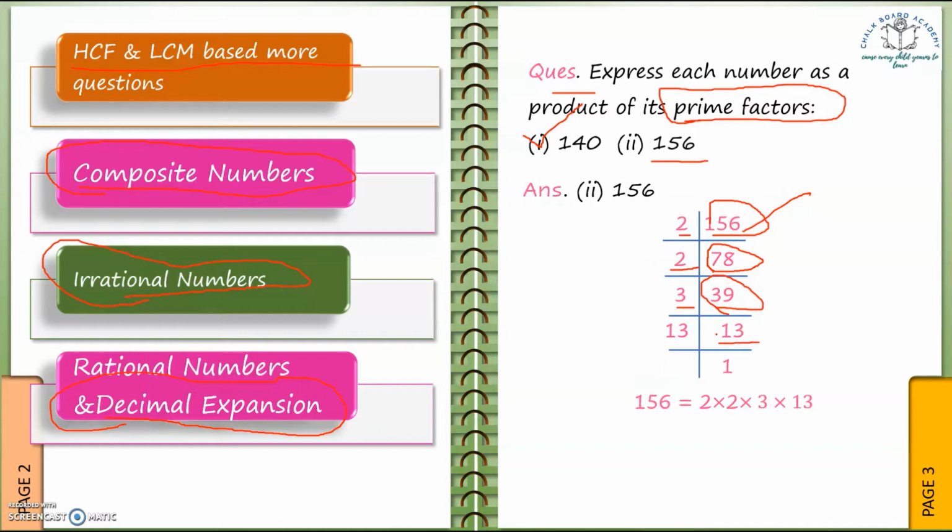Now 13 is a prime number, so it is divisible by itself. Now we have got the quotient as 1. That's it. These are the numbers which are the prime factors of 156, and we can simply write it like that: 2 multiplied by 2 multiplied by 3 multiplied by 13 is equal to 156.